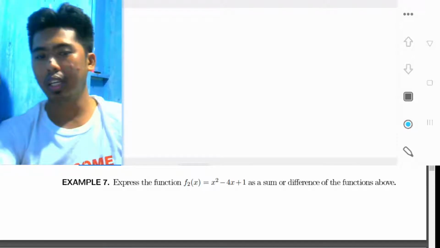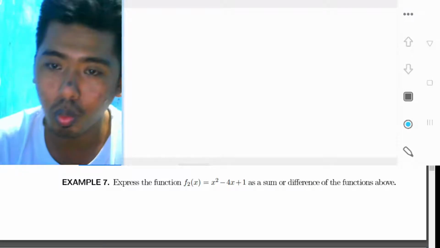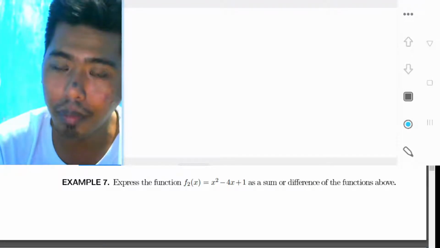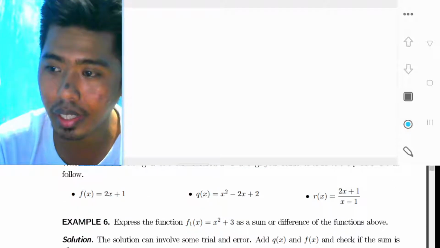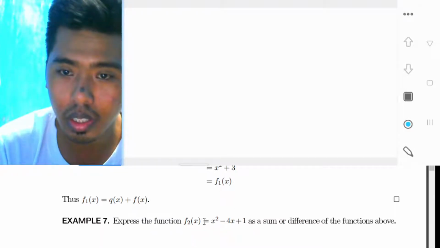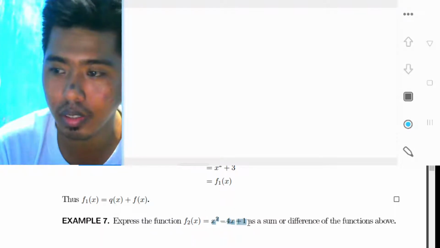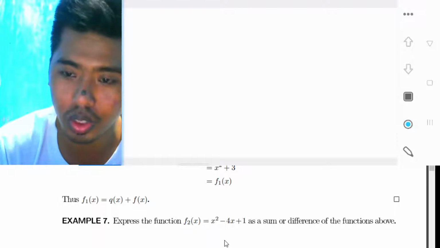So like before, we're done with addition by adding the f of x and the g of x. So right now we will try to have this f sub 2 of x, x squared minus 4x plus 1, as a sum or difference.